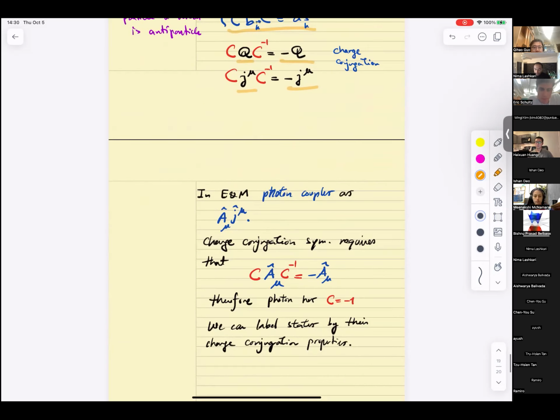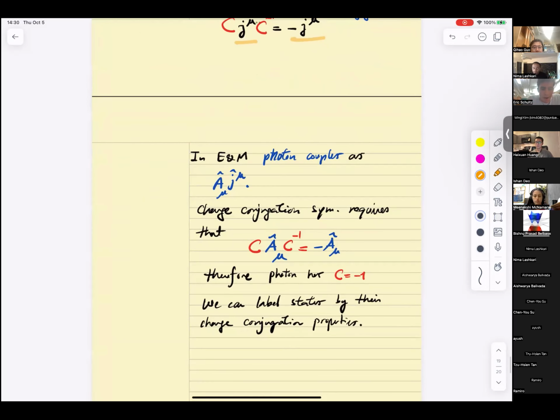So now, if you're in electromagnetism, this is how the photon is coupled to your charged particles. If you want this whole thing to be symmetric, this is a term in the Lagrangian. If you want this to be symmetric under charge conjugation, if under charge conjugation J picks up a minus sign, A should also pick up a minus sign.